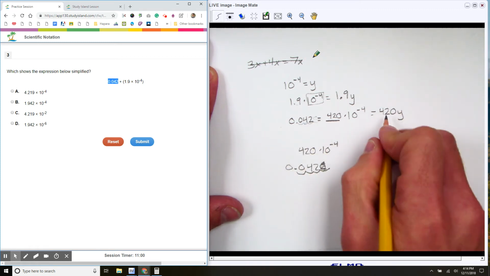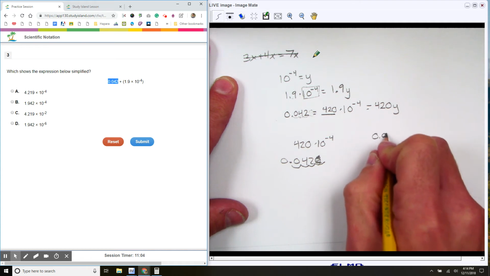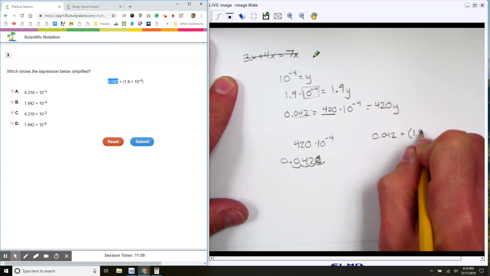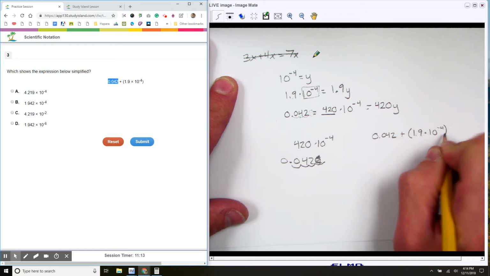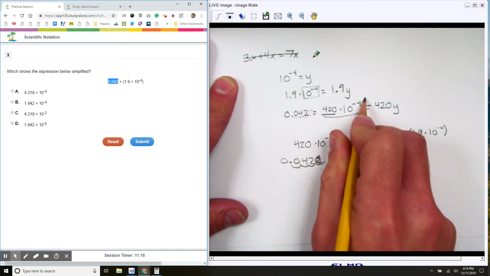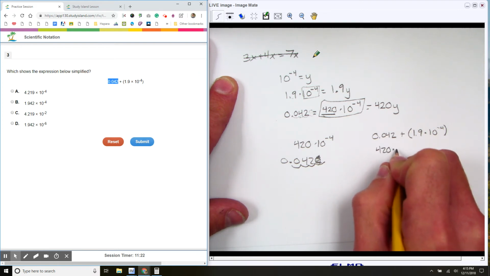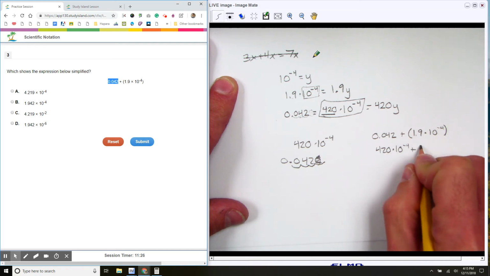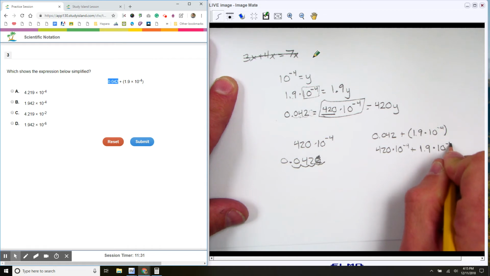So basically, instead of the original problem, which was 0.042 plus 1.9 times 10 to the negative fourth power, I have 0.042 written this way, which is 420 times 10 to the negative fourth power plus 1.9 times 10 to the negative fourth power.